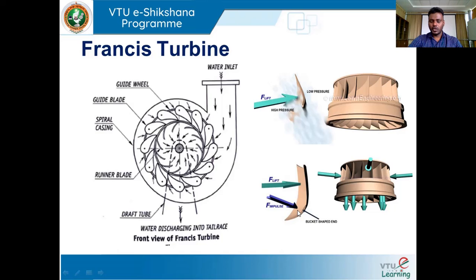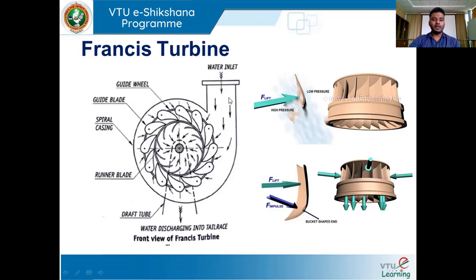Because of this, once the water strikes and moves over this runner blade, it creates an impulsive action on the runner blade, along with the reaction pressure due to the difference in pressure. So both reaction force as well as impulsive force make this turbine rotate at the required speed.